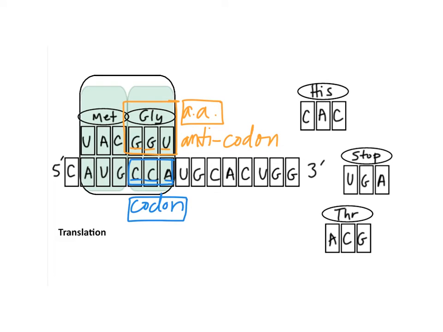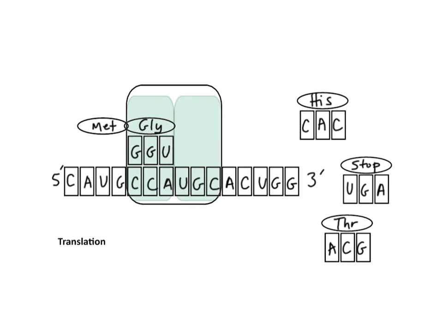One other thing I want to point out at this point is you'll notice that on our mRNA molecule, we've started at the 5' end, and we looked for the AUG coming from that direction, from the 5' end. We're going to be moving down this way from the 5' end to the 3' end. So translation always moves in a 5' to 3' direction.